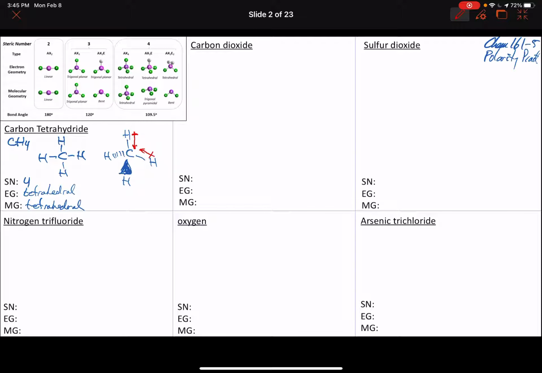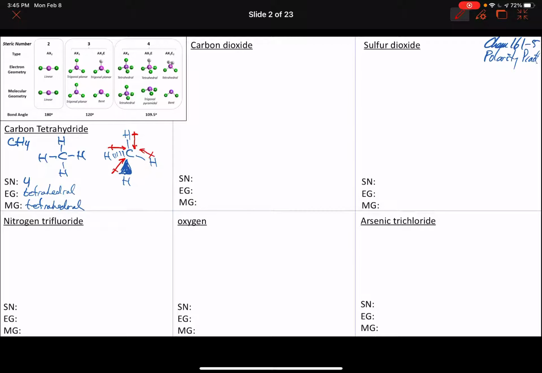So here are the bond dipoles towards the more electronegative carbon. We note that they're equal in magnitude to one another because each is a CH bond, and that they're spread around the three-dimensional space evenly, taking the form of a perfect tetrahedron. So every angle is 109.5 degrees, and that allows these to cancel out perfectly.